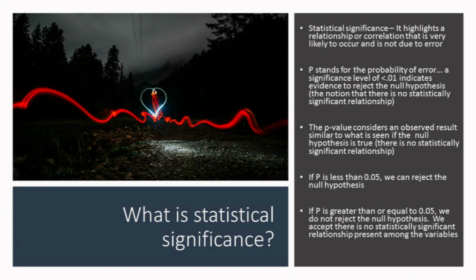A significance level of 0.01 indicates evidence to reject the null hypothesis, that there is no statistically significant relationship. We reject that and accept that there is a statistically significant relationship. So, in the social sciences we have different p-values.